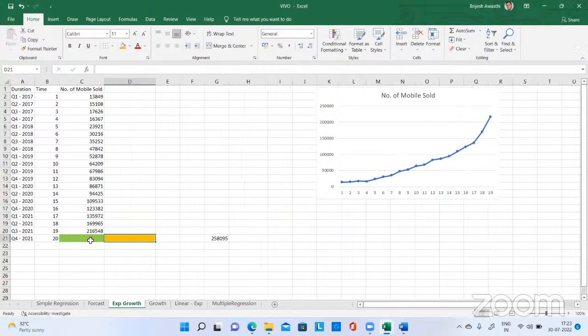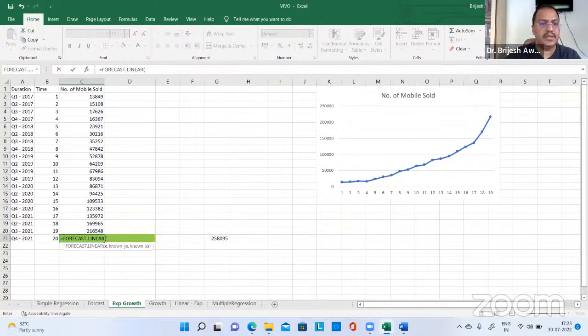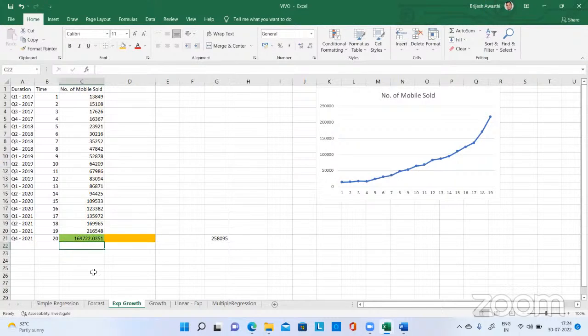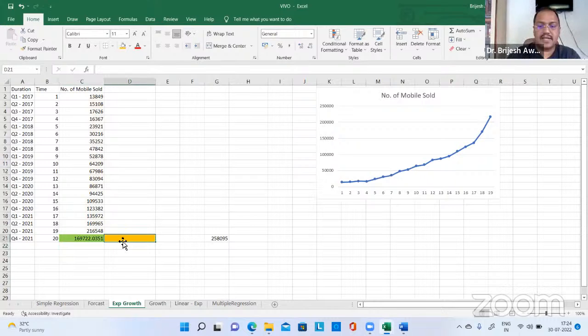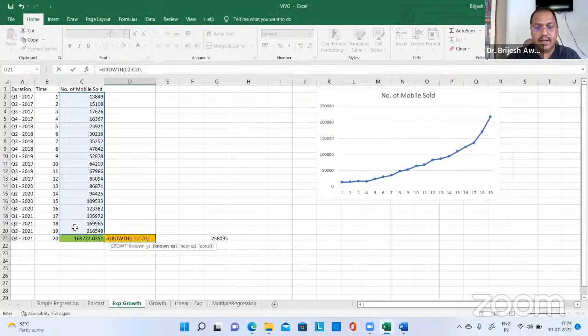So equals to forecast.linear, this value, comma, this is my y, comma, this is my x. And next, equals to growth: this is my y, comma, this is my x, comma, new x.